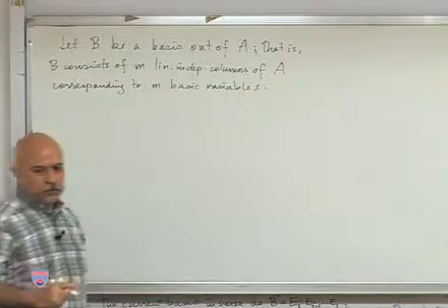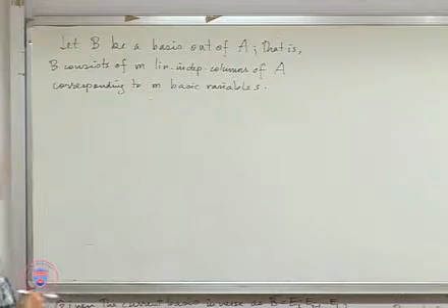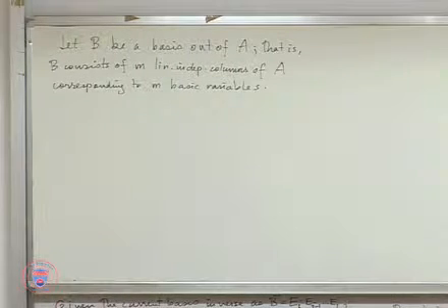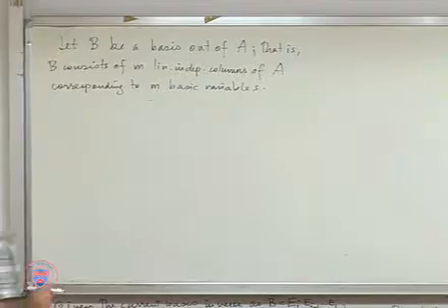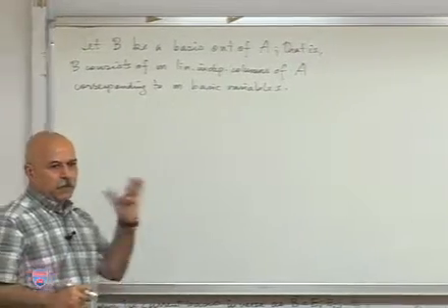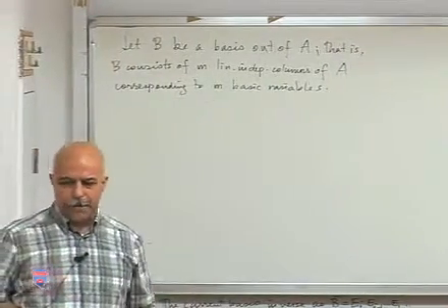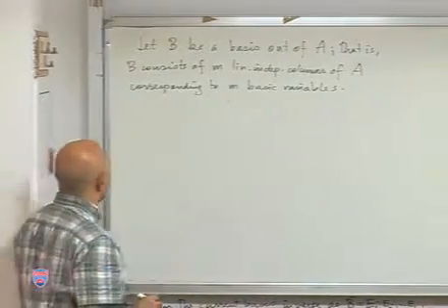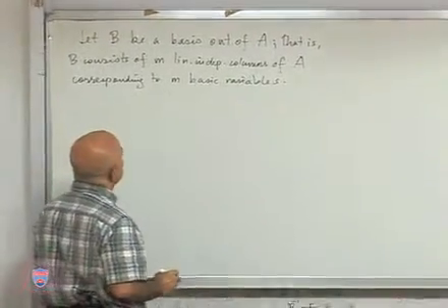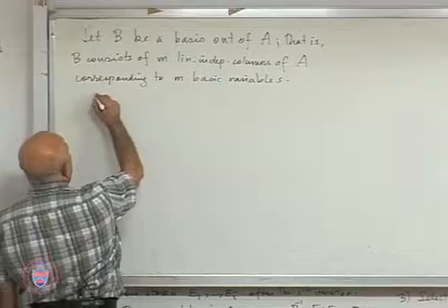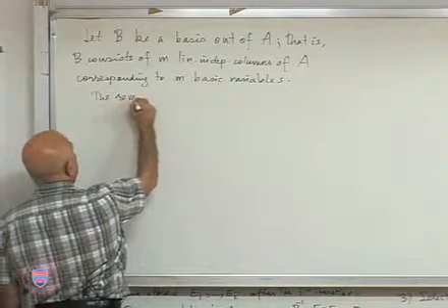So, suppose we have a basis B consisting of some m linearly independent columns of the A matrix, and these columns are the ones associated with the m basic variables under consideration. The remaining variables, how many of them?